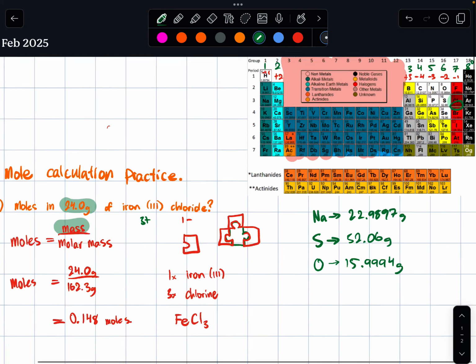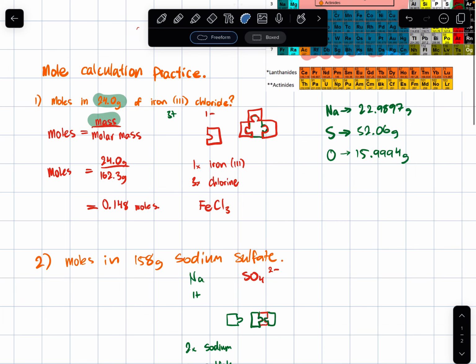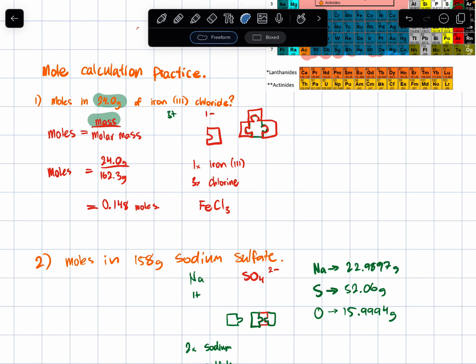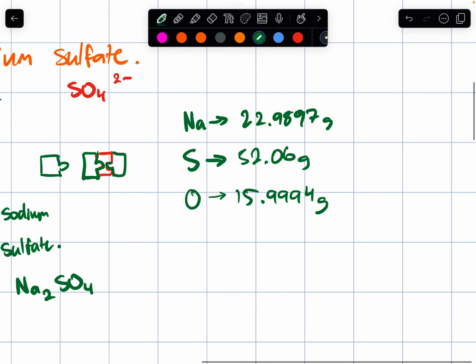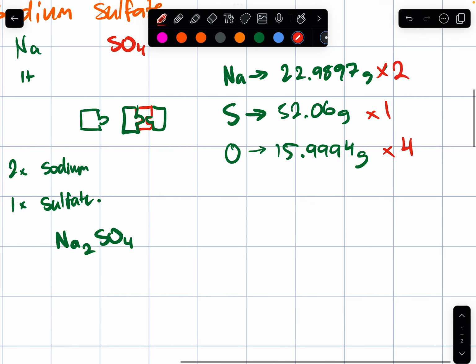And if we take all of these 3 numbers, I'm just going to pull them down here. And remember, I'll do this in red, 2 sodium, 1 sulfur, and 4 oxygen, because that's what we have over here.